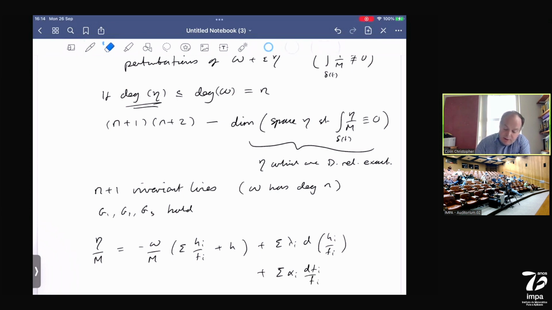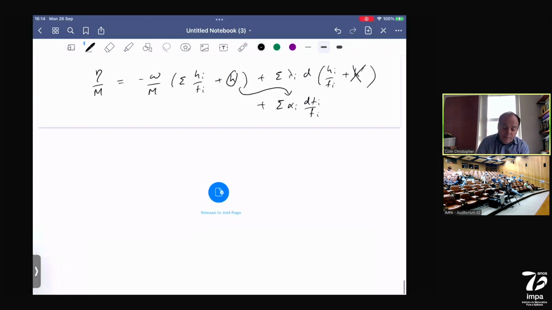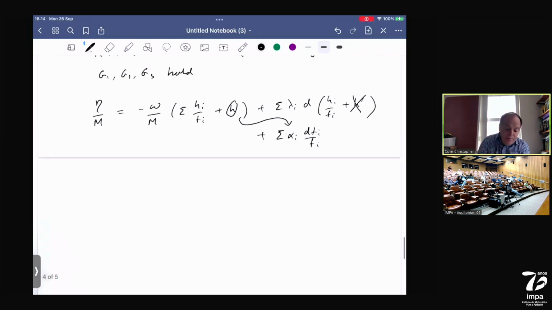And here, to start with, we should put the full form. But because we're making the assumption that the perturbation has degree less than or equal to the degree of omega, we can see that h prime is a constant. So that's going to disappear. H is a constant, but it can get absorbed into here. So we can assume that this is also gone.